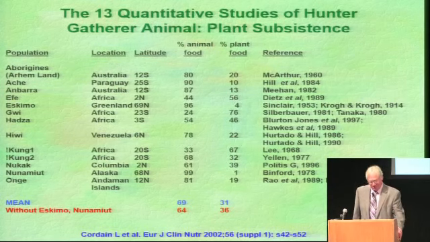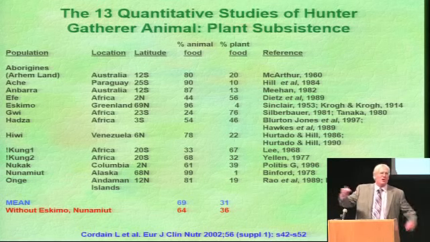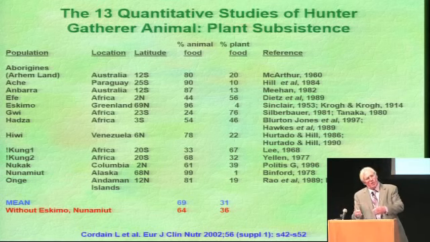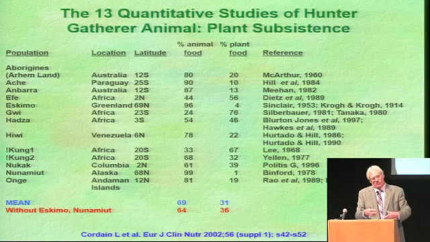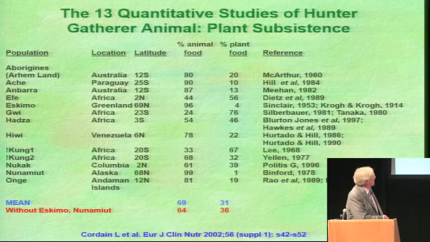So this is a paper we published in 2002 in the European Journal of Clinical Nutrition, and we actually compiled the 13 quantitative studies in which people had gone into the field, measured the amount and weight of food, then went back and got the caloric values for those wild plant foods, and made a fairly good estimate. And notice here that the numbers we see are about 70% animal, 30% plant.